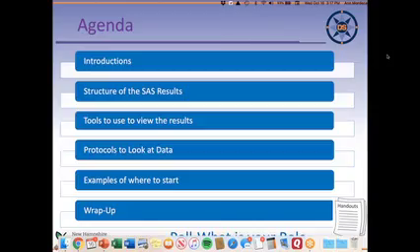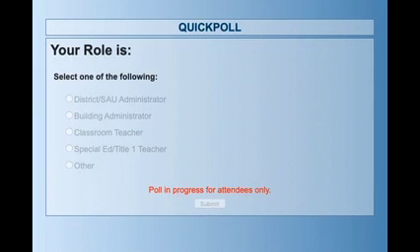I'm going to launch it. There we go. I just want to know who's on. And I've submitted it, so I think everybody can see it now. India, can you see that? Yes? I can. Okay, good. I hope everybody else can. We've got mostly 100% building administrators right now. Anybody else? Interesting.